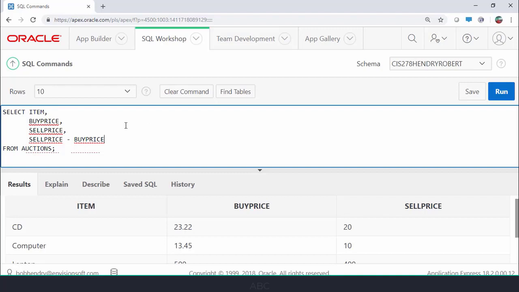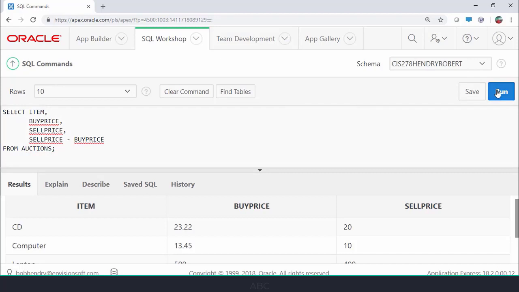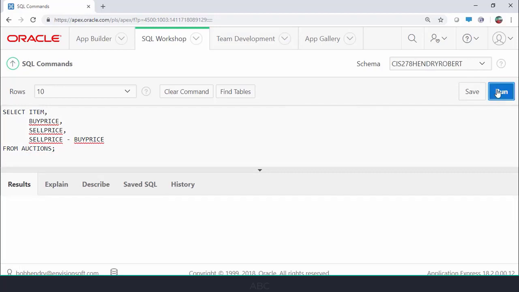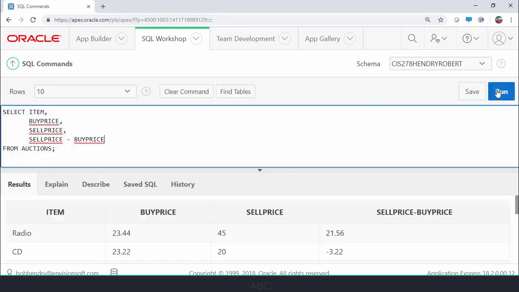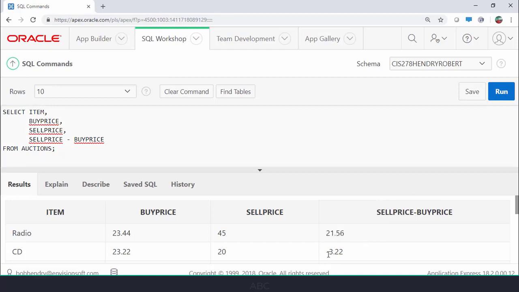This will give us the profit or loss for each specific auction. And there we go. So we got the item, the buy price, the sell price, and again, the sell price minus the buy price. Again, this would be a profit, this would be a loss.